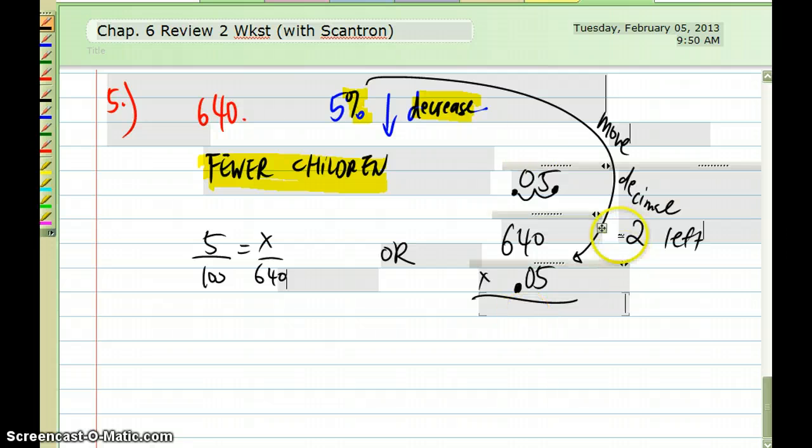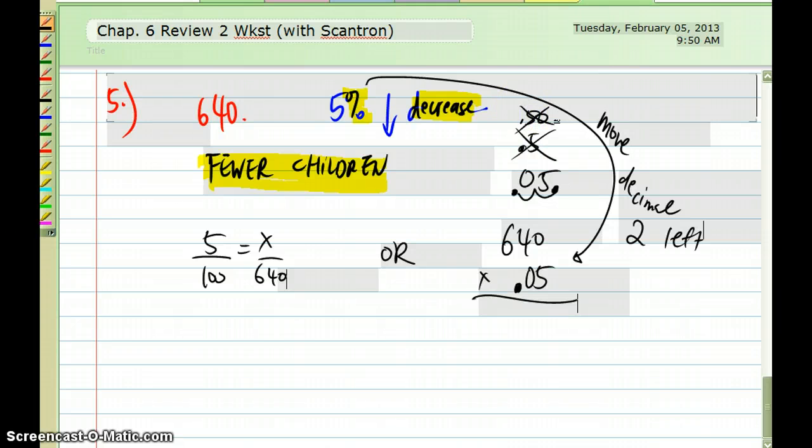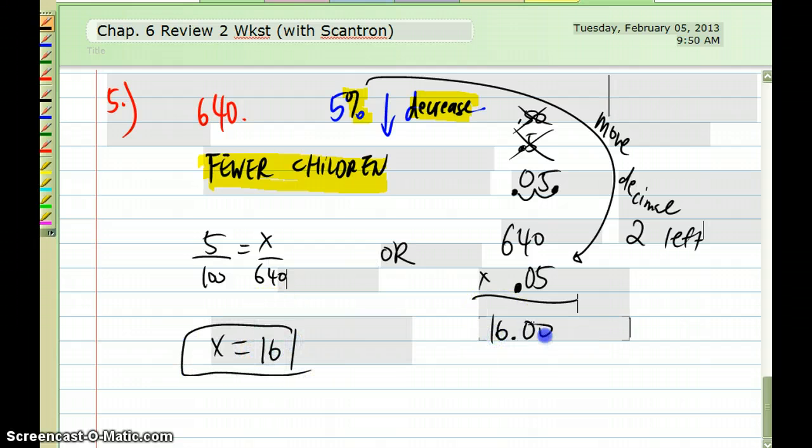Sometimes some people like to put 0.5, but 0.5 is the same as 0.50, which is 50%. That's too much. When I finish either cross multiplying or multiplying for my equation, what I'm going to get is 16 children.